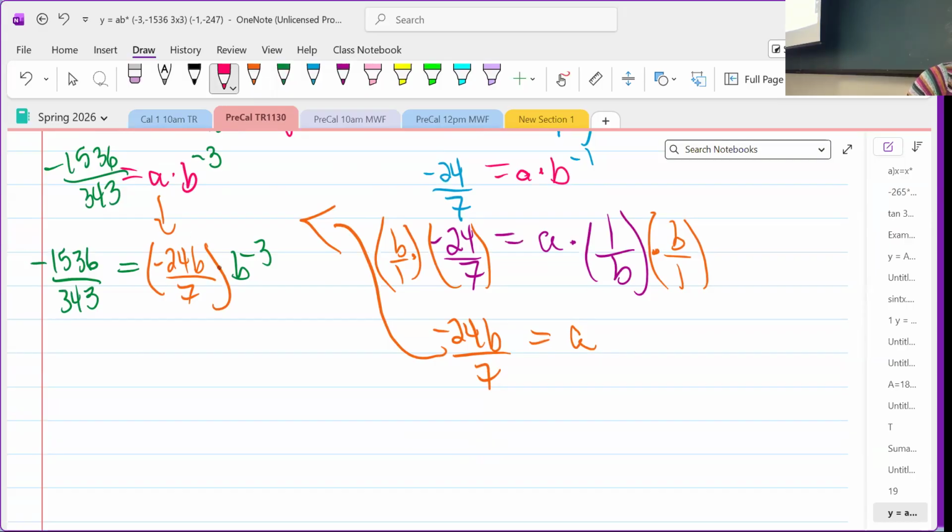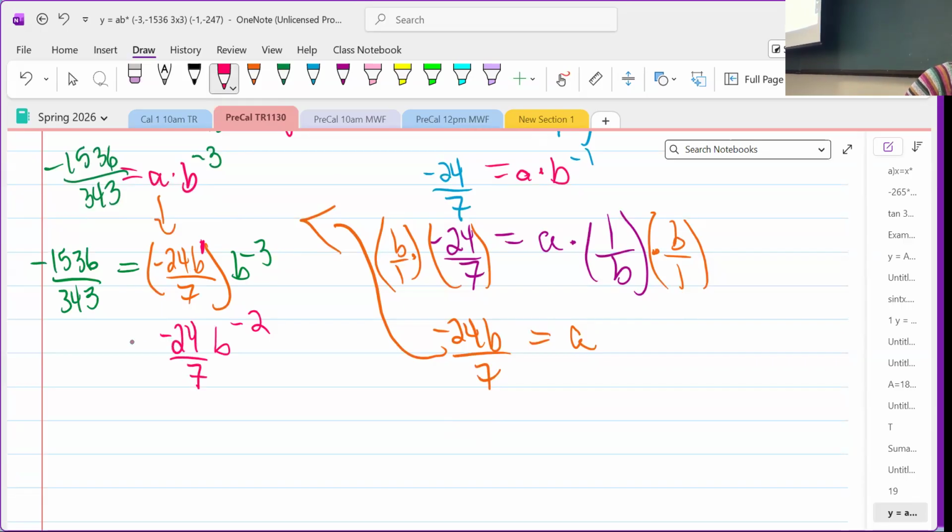Right, so the b times b to the negative third, that is b to the first times b to the negative third. There's an extra b there, so these are not close enough to multiply, so I'm going to add those exponents. So 1 plus negative 3 will be b to the negative 2.